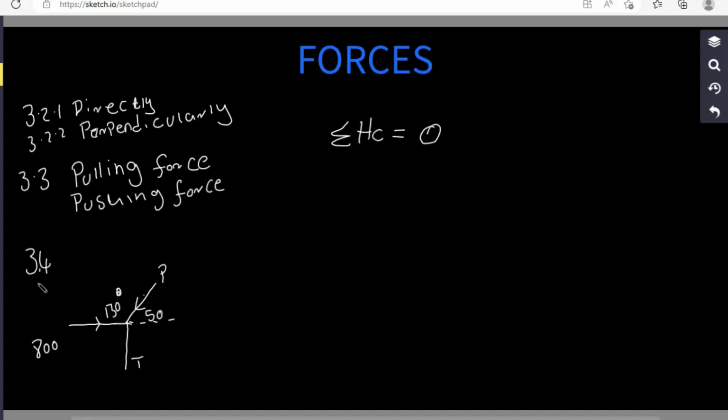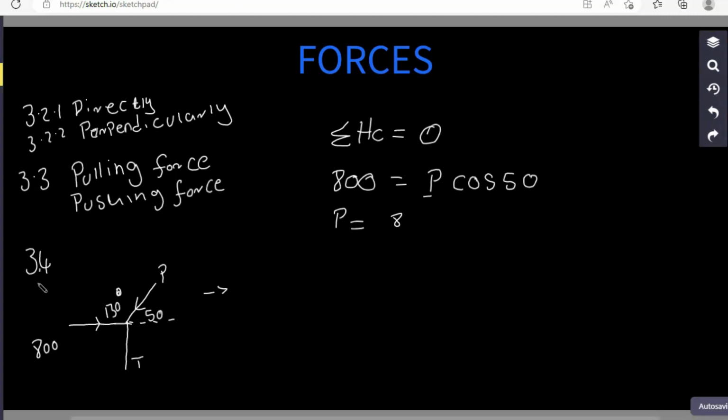Therefore, we are going to start with 800 going to the right is equal to the component of P. The horizontal component of P will be P cos 50 going to the left hand side. We have this as the only unknown. We make it the subject of the formula, which will be 800 divided by cos 50.